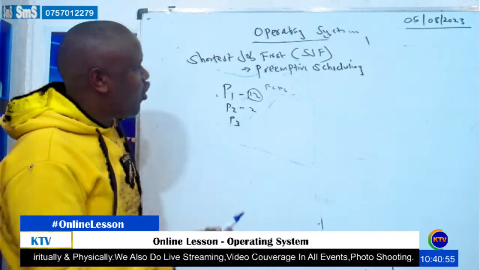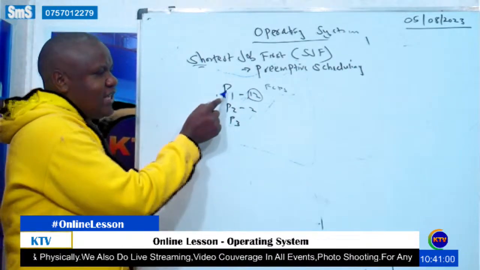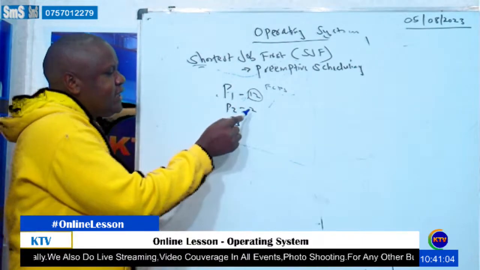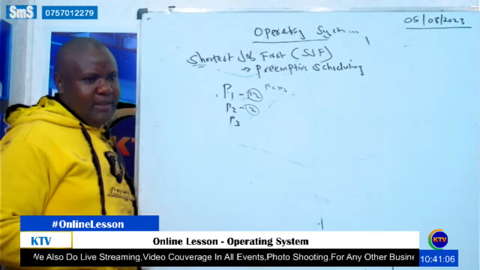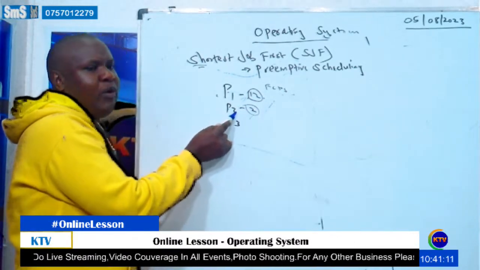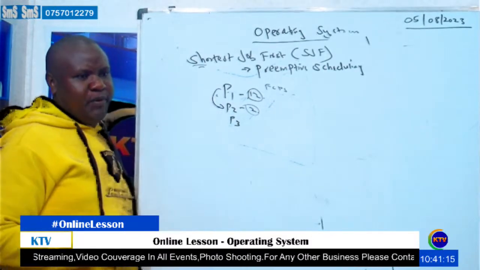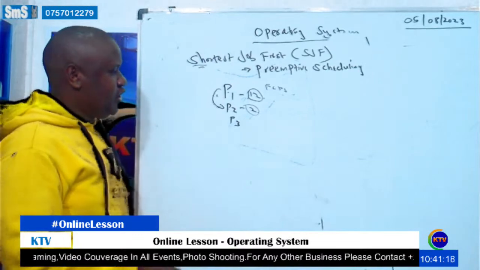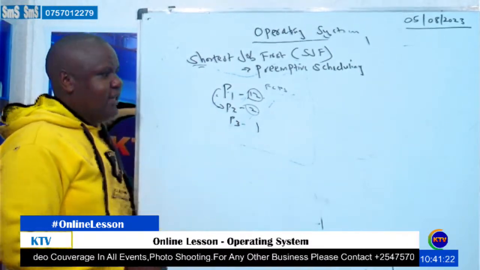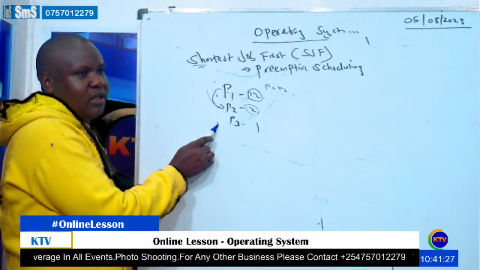But in the case of shortest job first, if this process arrived earlier, but process 2 arrives, which is supposed to take only 2 milliseconds to complete, this one will be removed from the CPU and process 2 will be allowed in. This one completes and then the other is allowed back into the CPU to continue. If another one comes which has 1 millisecond, still this one will be preempted and that one allowed in.